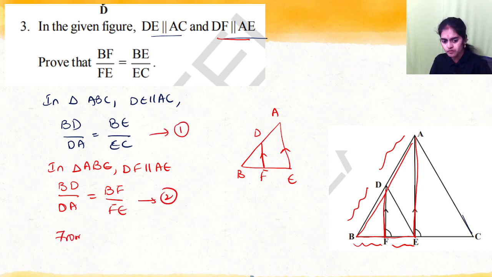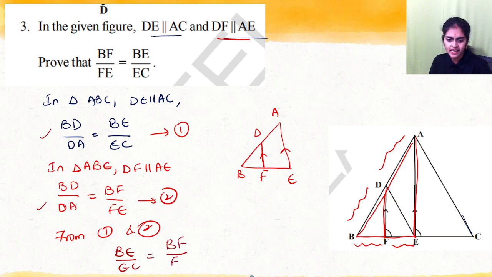From 1 and 2, you can see BD by DA is common. So BE by EC is equal to BF by FE. This is what you have to prove. Just check. Okay, clear people? You should just know which triangle you have to consider.